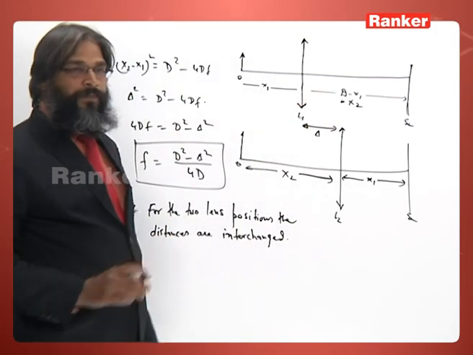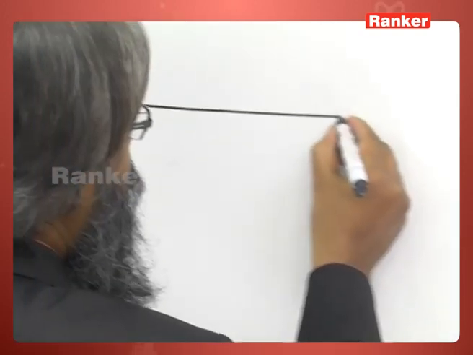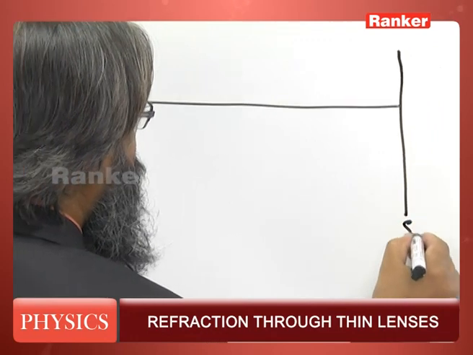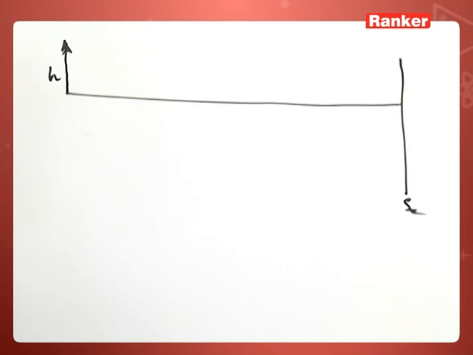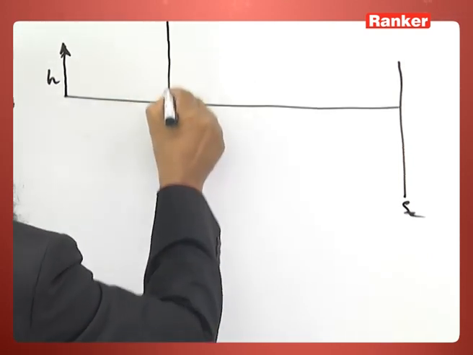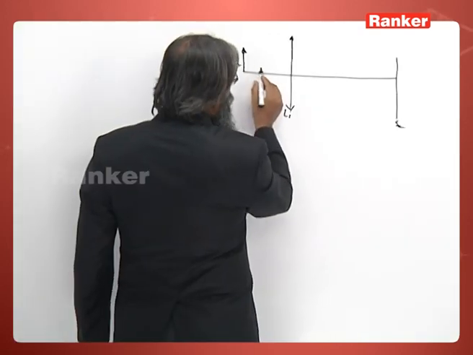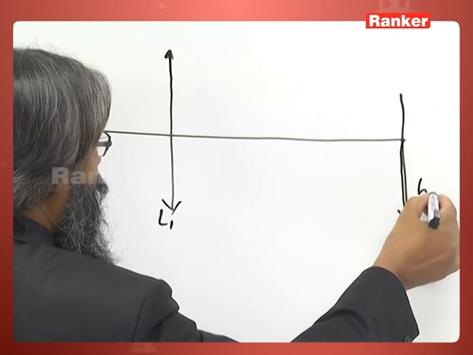First, please take down this. Now, you see here, if this is the first lens position, this is my screen and we have an object of height h, suppose. This is the first lens position L1. The image formed is here, h1.